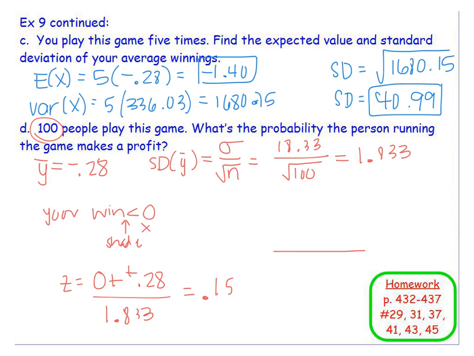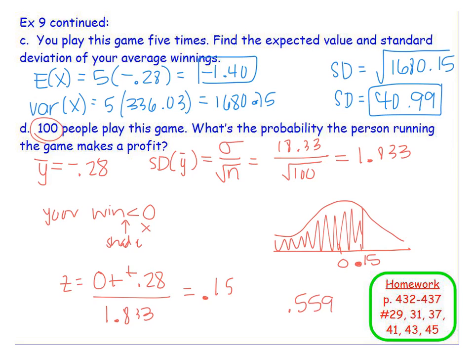And so our graph with 0 in the middle and 0.15 right here, remember, you need to lose. You need to make less than 0. So you are shading to the left. Go to your blue sheet, z-score sheet. Look up 0.15, and I get 0.5596. So the chances of the person running the game making money is better than 50%. And so that's the end of our problem. And that's the end of chapter 18.